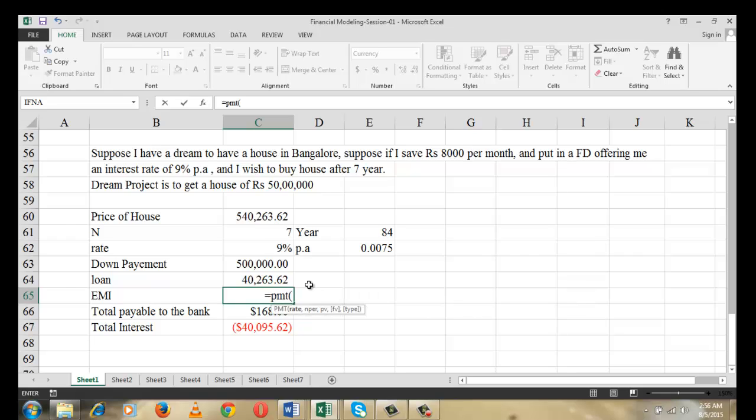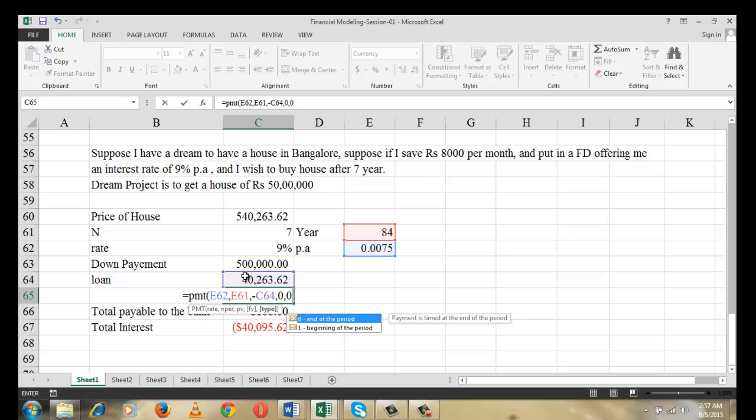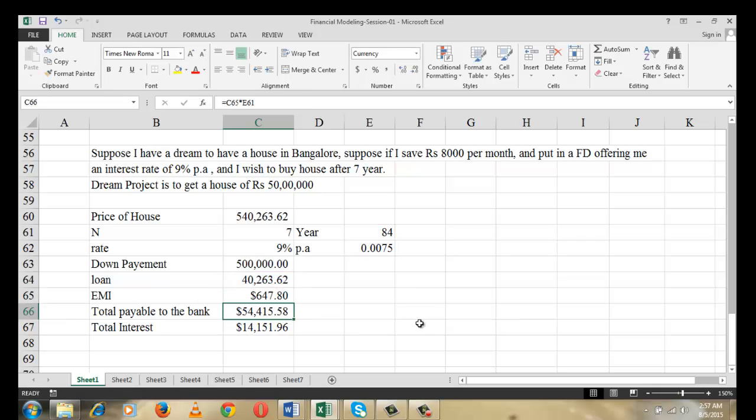If you use the PMT formula, the rate of interest, comma NPER, this was your NPER, comma PV was your loan, future value 0, type 0. Fine, so just put some figure here.